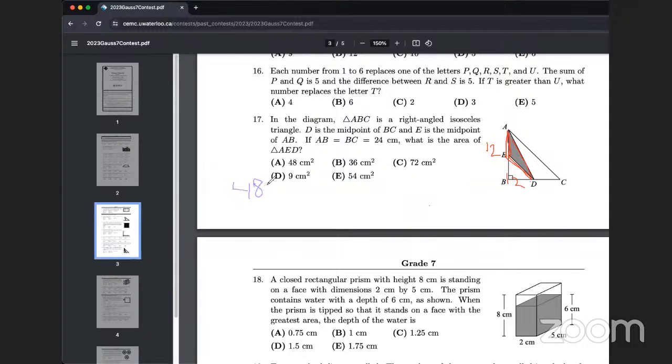You think it's 48? Okay, wait. So if these two sides are 12, then this side would be 24. All right. So now multiply all these numbers.